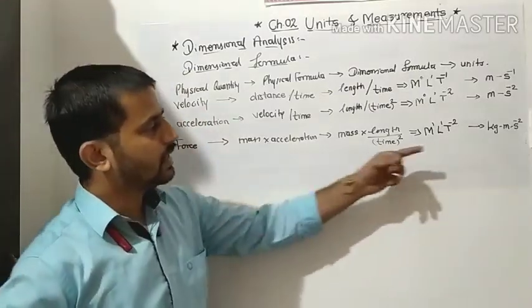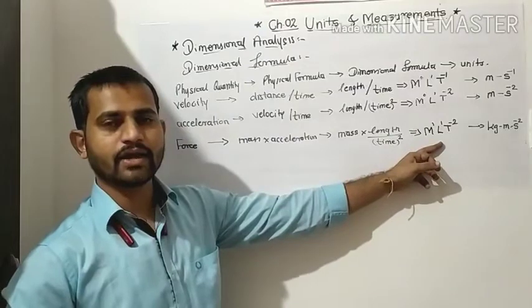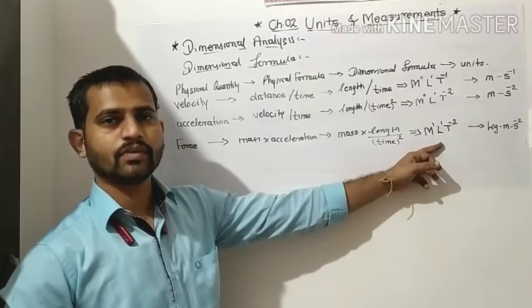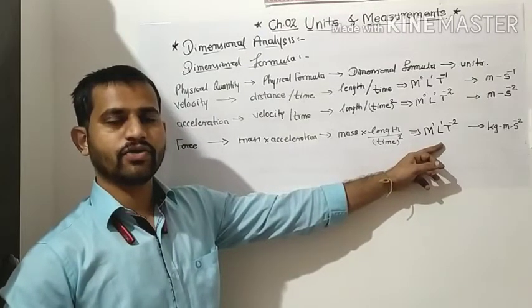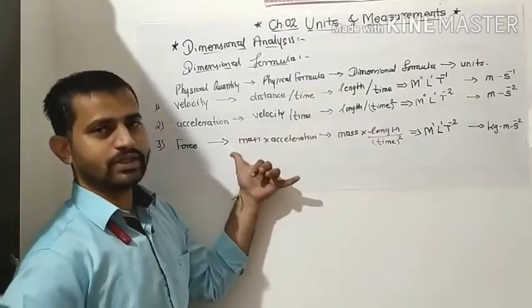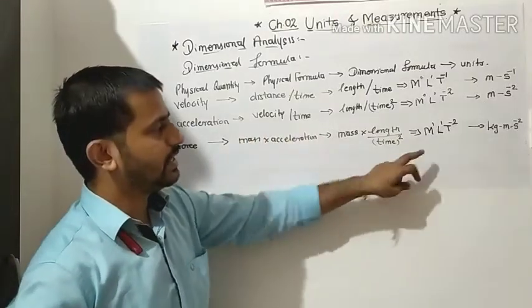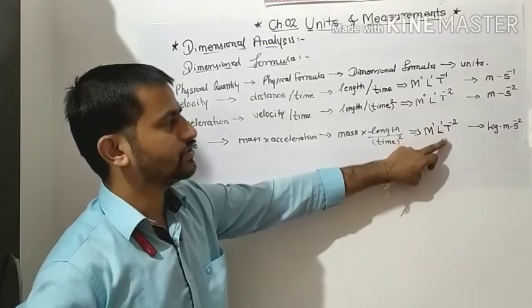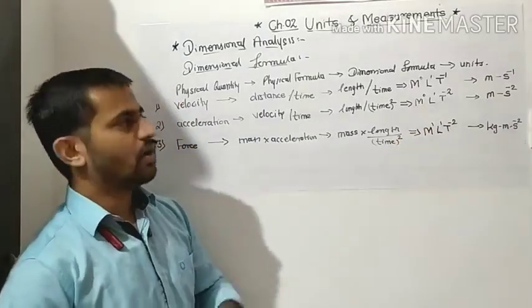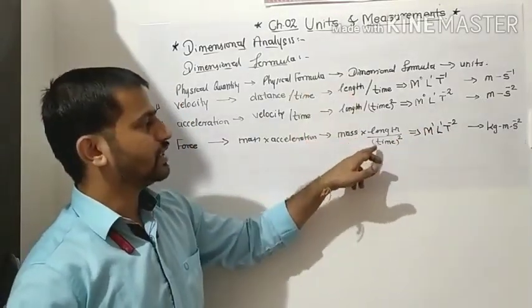But from the dimensional formula, you can get the idea about the quantities on which this force depends, because it directly tells you M raised to 1, L raised to 1, T raised to minus 2, or mass into length upon time square.